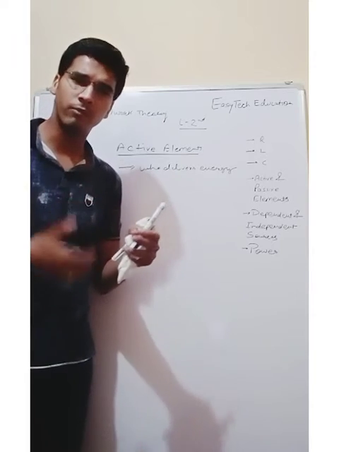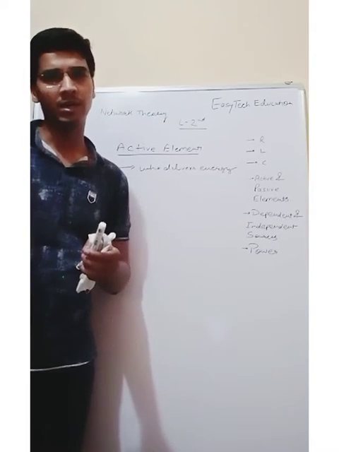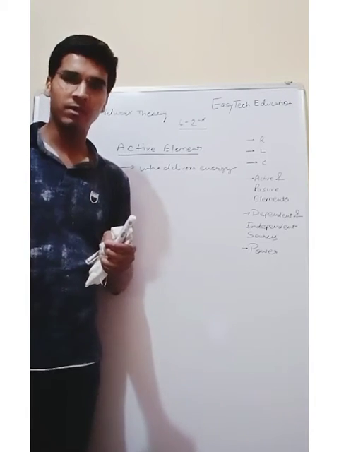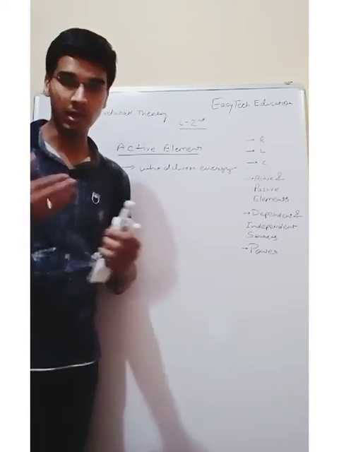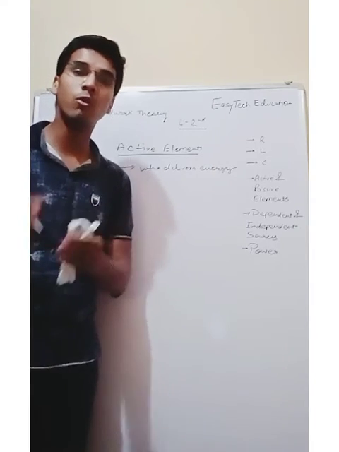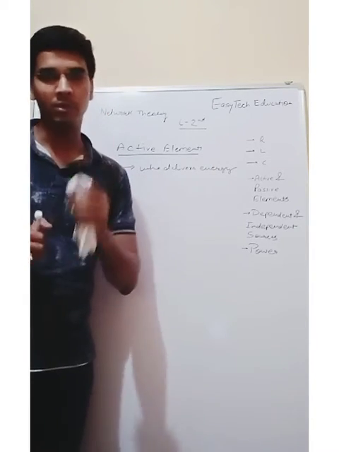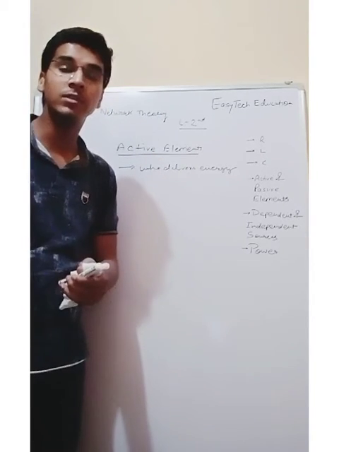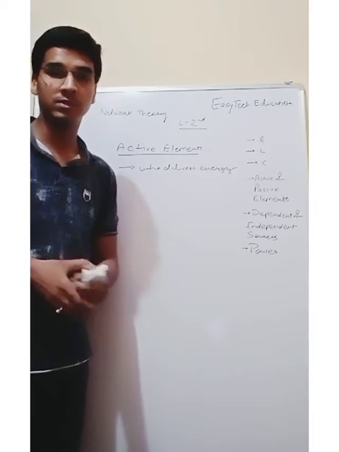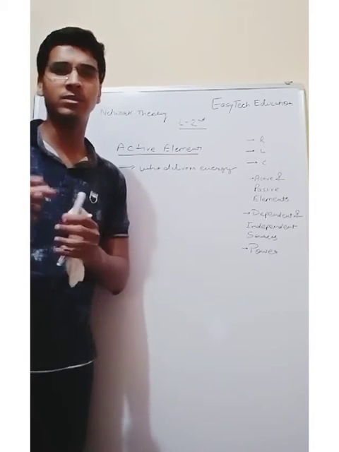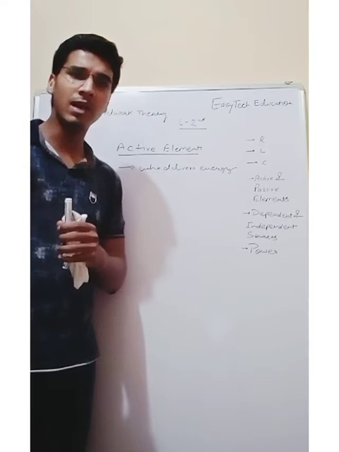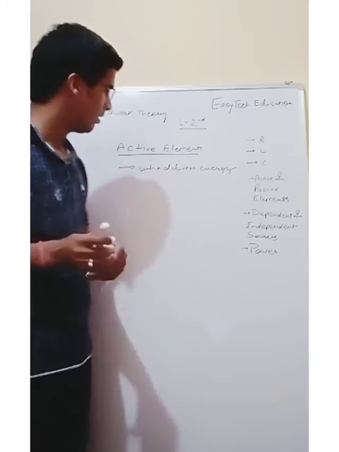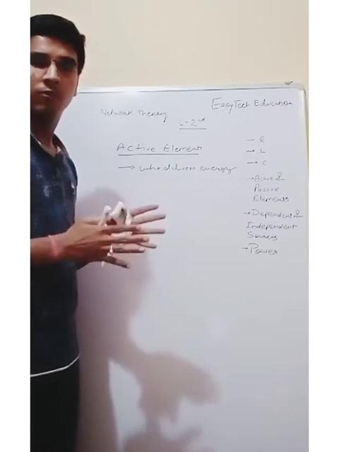Now you may be a little bit confused. If an inductor can store energy in the form of a magnetic field, and a capacitor can store energy in the form of an electric field, they also deliver energy. Then why are they not active elements? Now you have to understand. Active elements are those which can deliver energy for an infinite period, because the inductor and the capacitor can deliver energy for just a finite period, until they have their residual magnetism or residual electric charge. So they can provide energy for a finite period only.